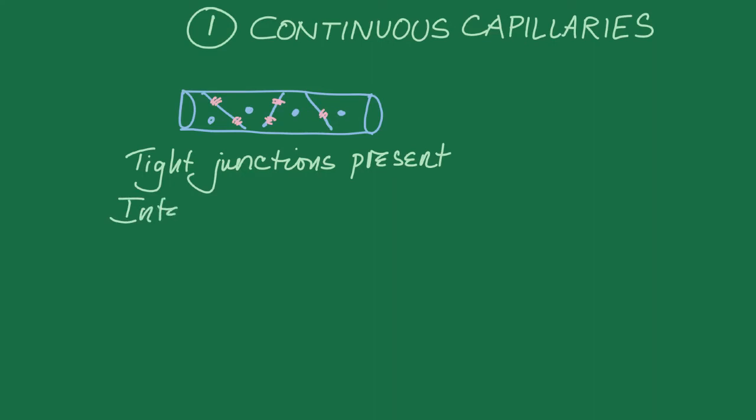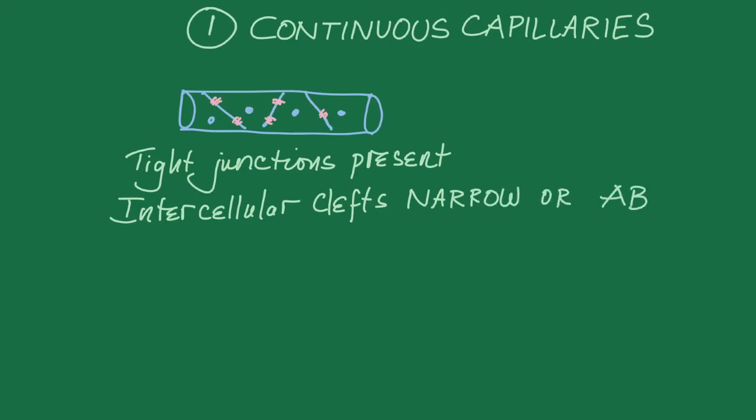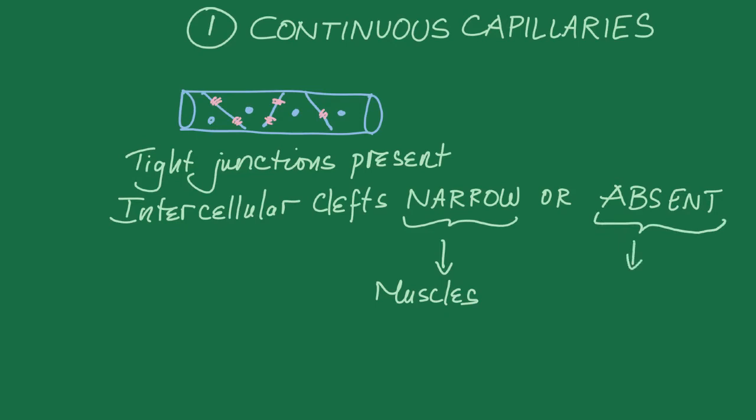They have intercellular clefts. In some organs in the body, these capillaries have narrow intercellular clefts, which means they allow a few things to pass through. This could be, for example, in skeletal muscles, where continuous capillaries allow some things to pass through. In some cases, the intercellular clefts are completely absent, with the tight junctions completely sealing them, and that's present in the brain.